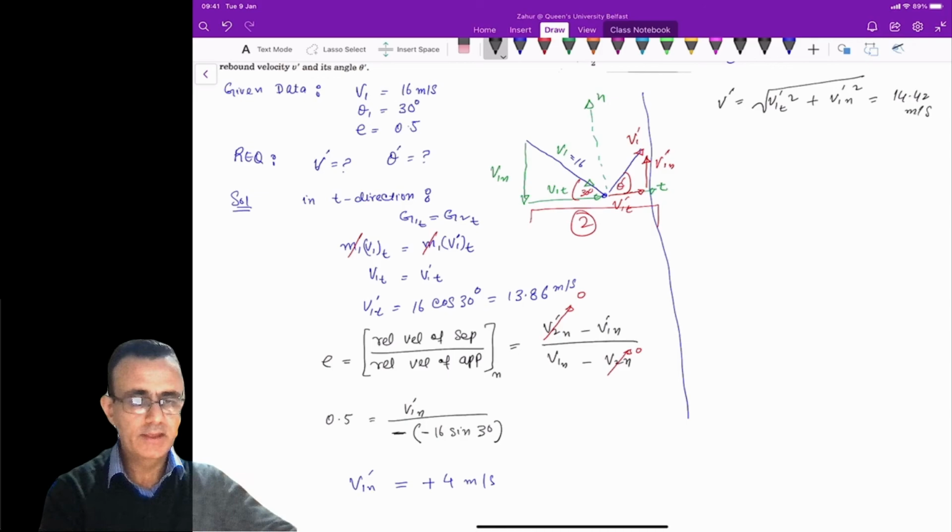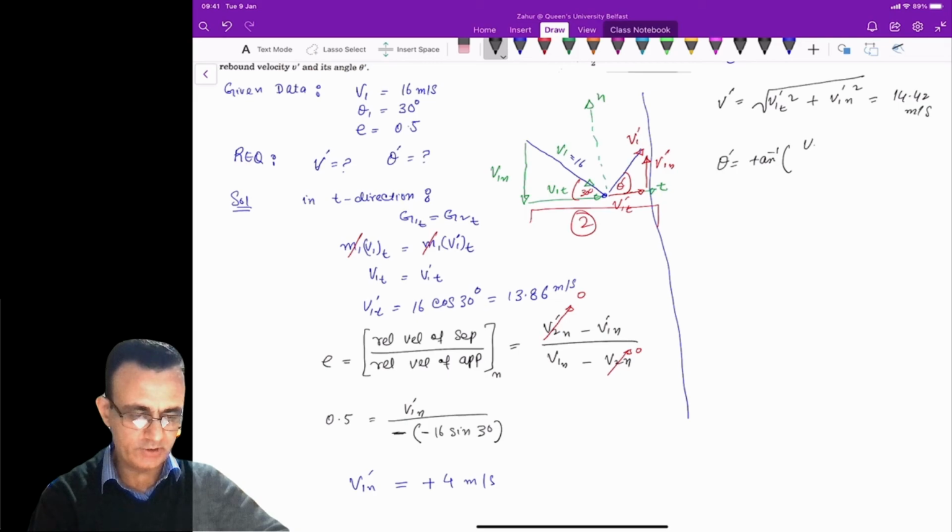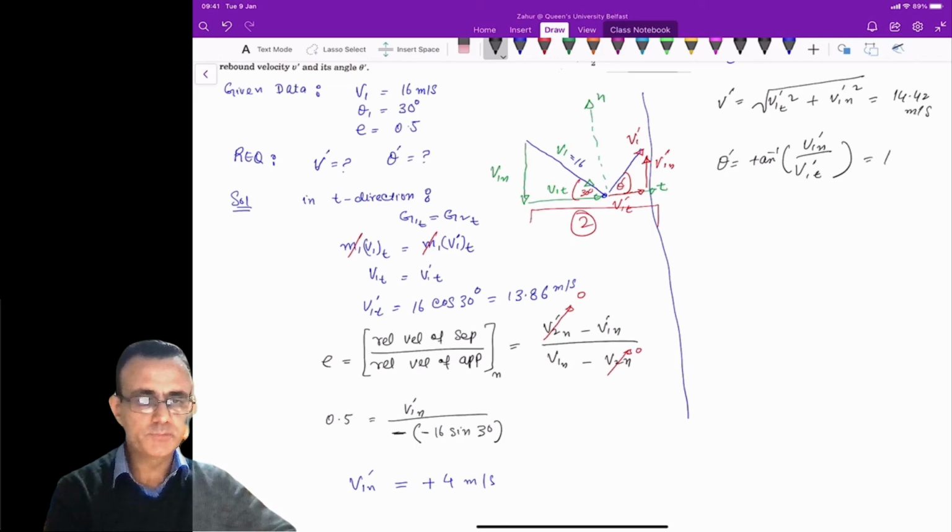Similarly, to calculate the angle theta dash, theta dash is just tangent inverse of v1 dash n divided by v1 dash t. If you put the values in, the angle that you will get is 16.10 degrees.